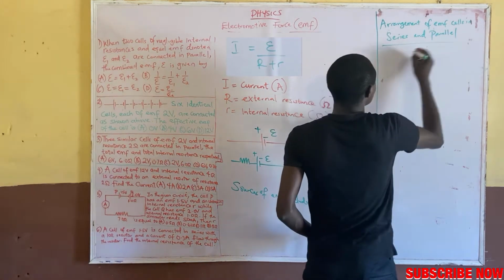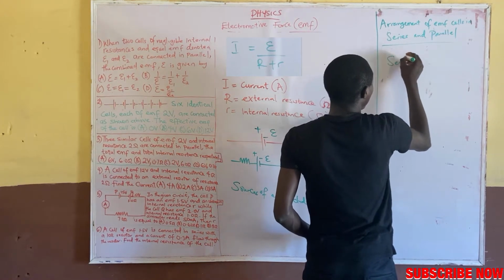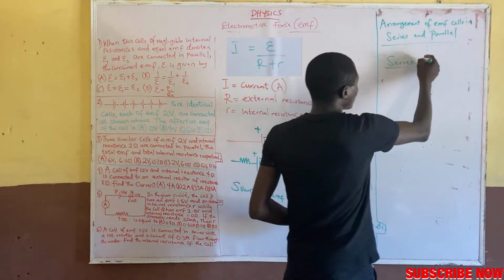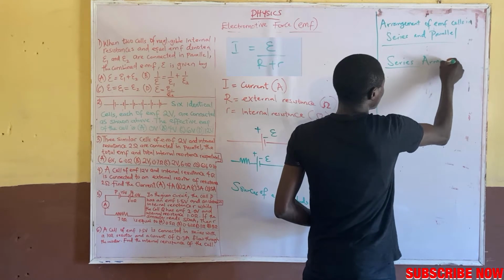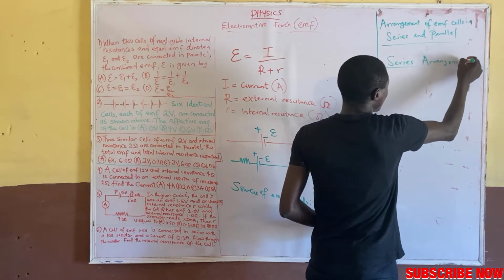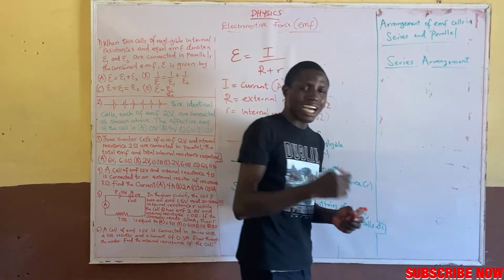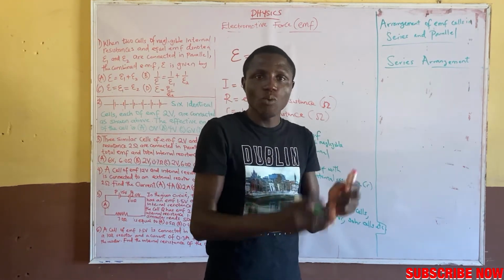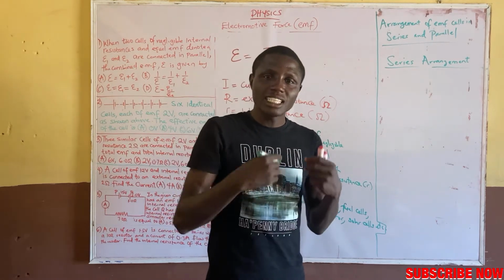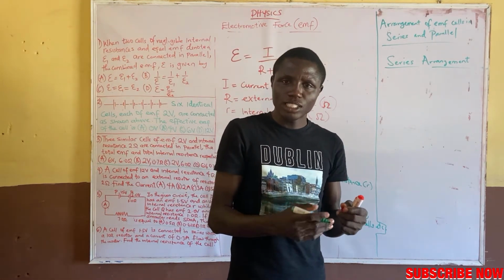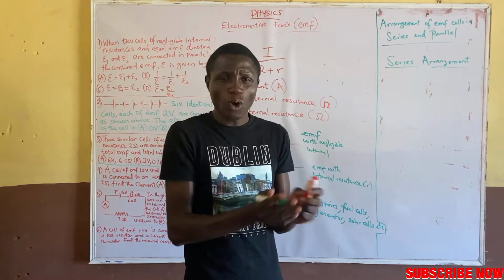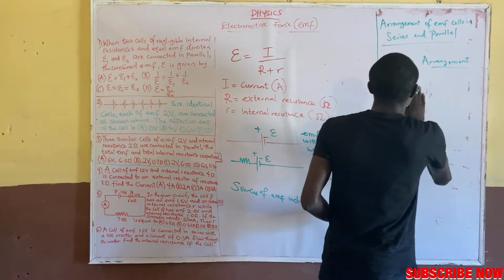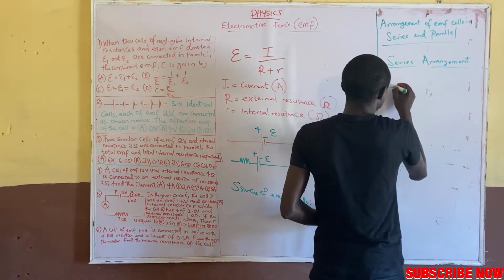Now, for the series arrangement, when EMF cells are arranged in series and they are facing the same direction, how do we find the combined EMF in that circuit?